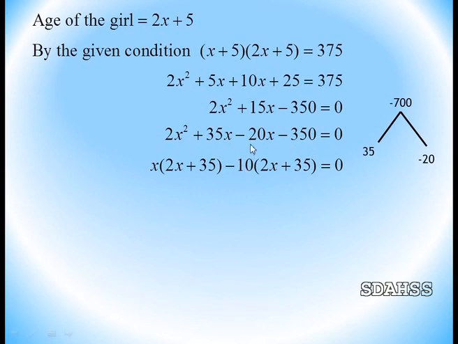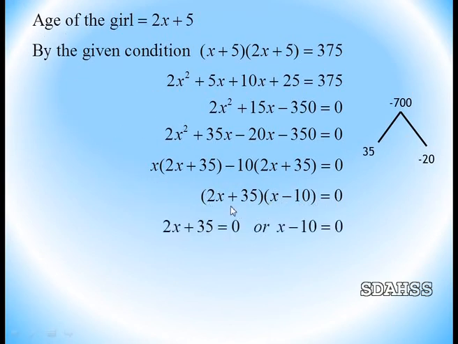So minus 10 into 2x plus 35 is equal to 0. Here 2x plus 35 is the common factor, so take it outside. So this becomes 2x plus 35 into x minus 10 is equal to 0. Now the first factor is equal to 0 or the second factor is equal to 0.